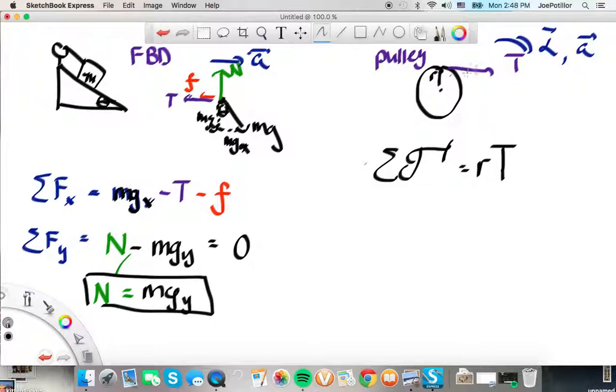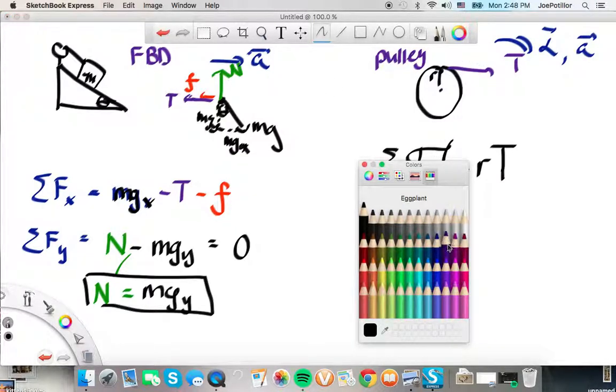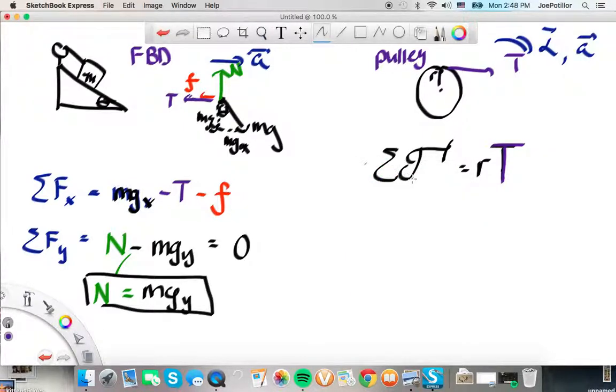Or, to be consistent, like that. So as you can see, we have a few unknowns.